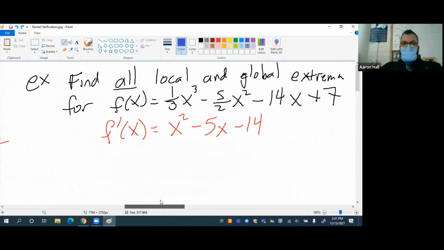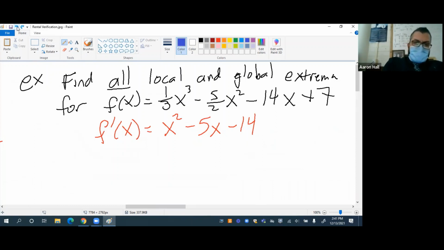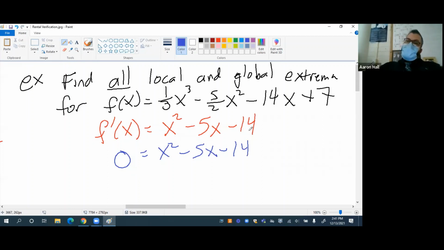So if our derivative is this, which means the slope right here, I'm going to make that 0. So I have 0 equals x squared minus 5x minus 14. I'm not finding what the max and mins are, I'm trying to find where they are. So how do I find where they are?